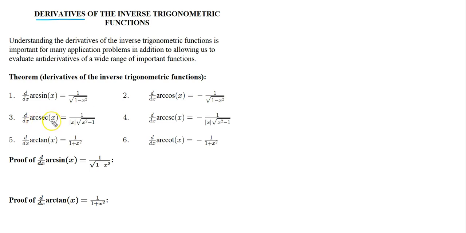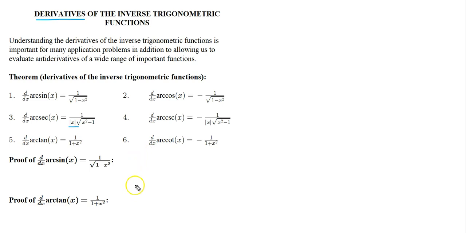You have the derivative of the arc secant here, 1 over absolute value x, take note of that absolute value, times the square root of x squared minus 1, and the derivative of the arc cosecant is negative the derivative of the arc secant. The derivative of the arc tangent is 1 over 1 plus x squared, and correspondingly the derivative of the arc cotangent is negative the derivative of the arc tangent.